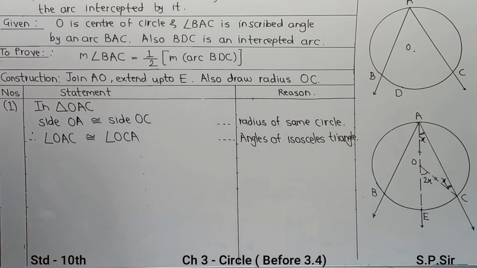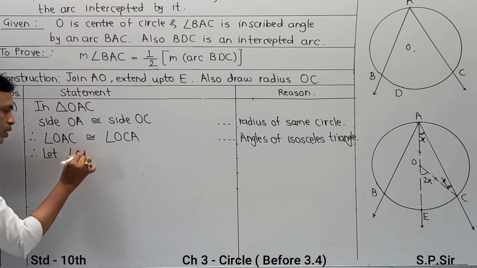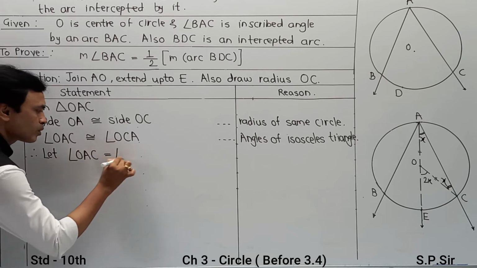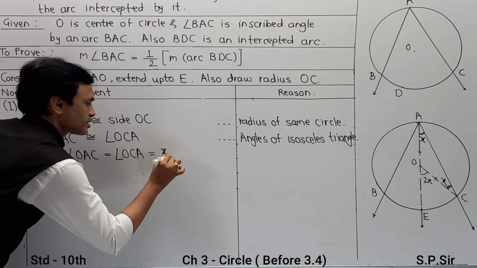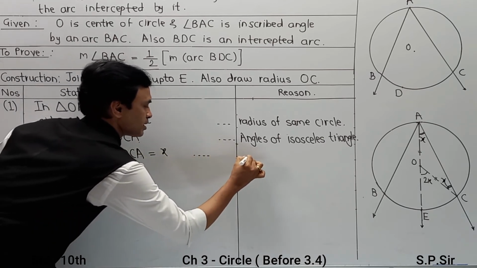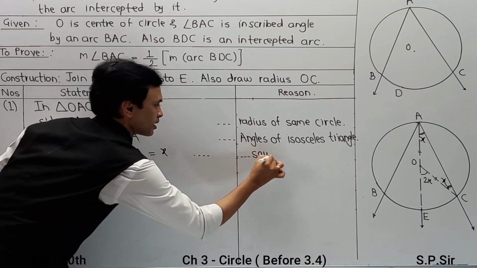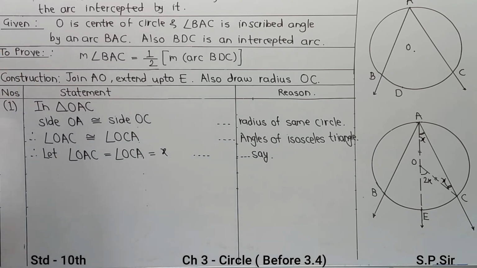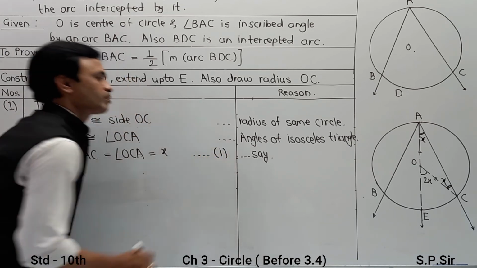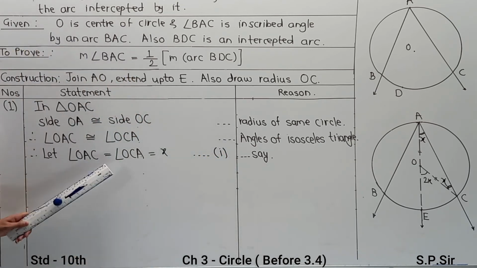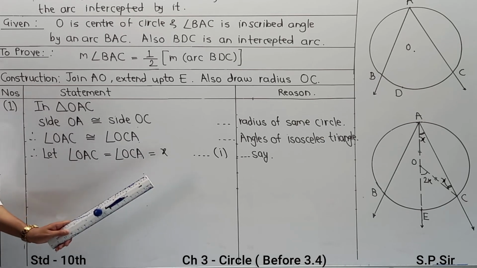We are assuming it as x. So the next step: therefore, let angle OAC equal to angle OCA equal to x. We are going to assume that as x in this case, and I would call this equation number 1. Hope up to this part all the concepts are very clear with you.